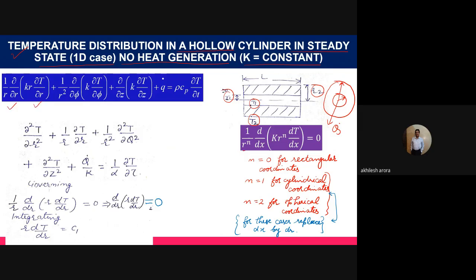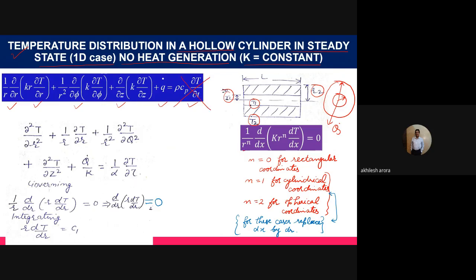This is the equation for cylindrical coordinates, and it's quite complicated, but there are certain terms which we don't require. For example, it's a steady state, which means the temperature won't be varying with respect to time, so this term will go.